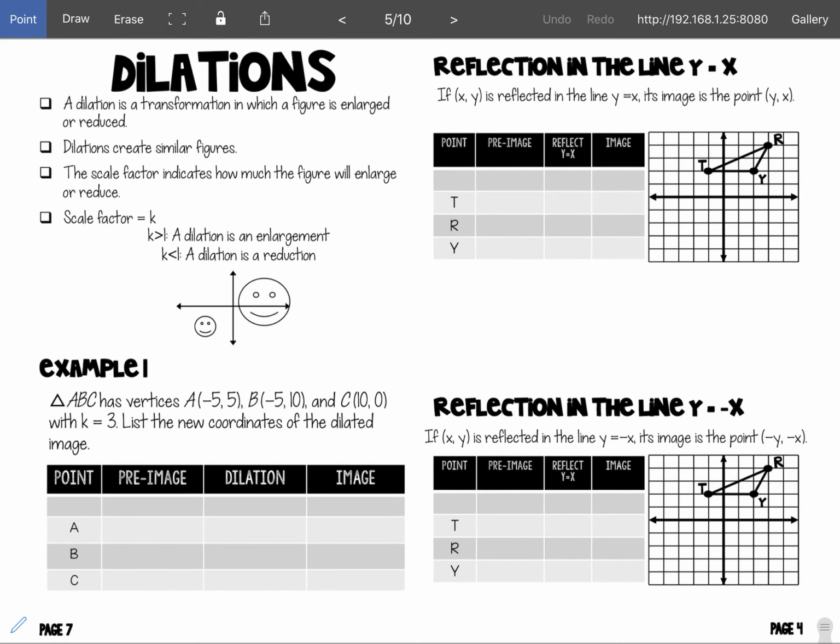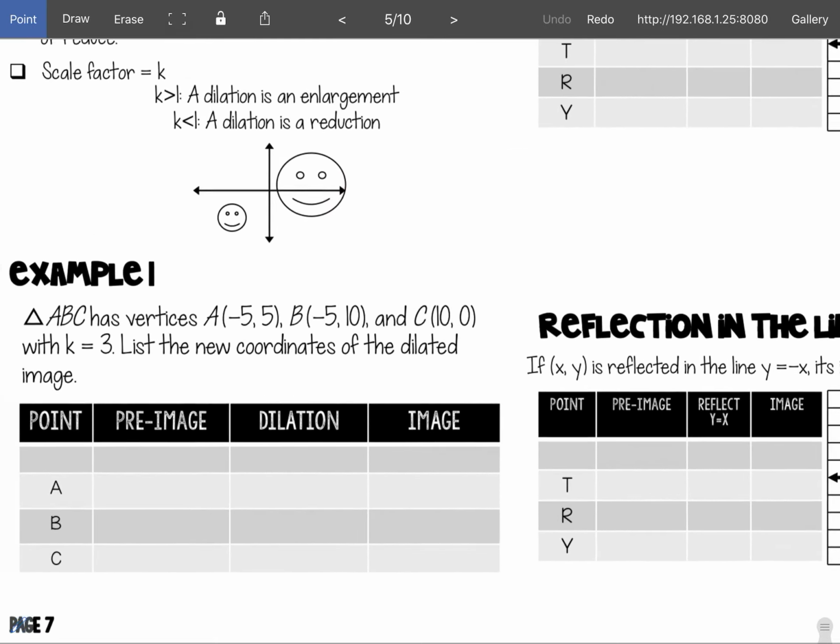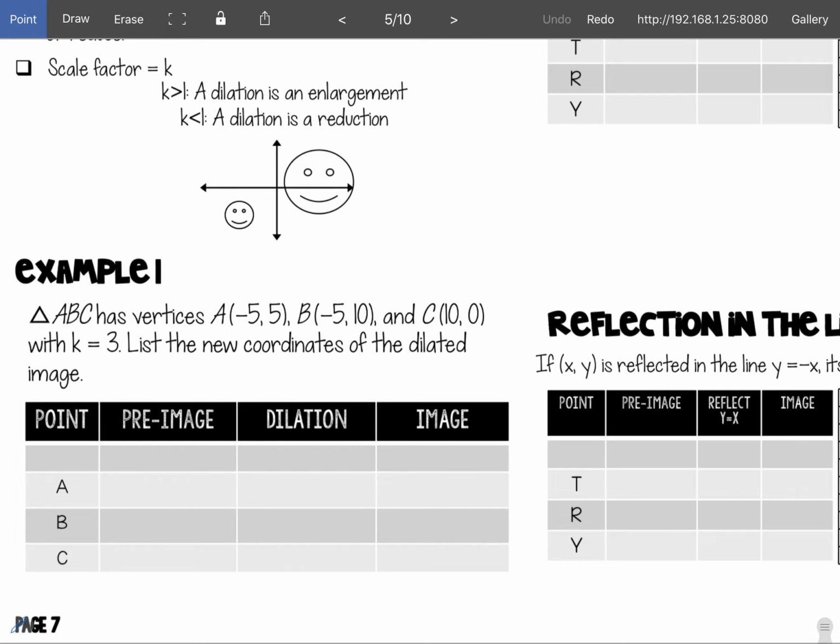So you get an image and a pre-image. So this would be your pre-image. And this could be your image. And again, all it does is it's just an enlargement or a reduction. So those are similar figures. They have the same shape. They're just different sizes. So when you look at example 1 here, the scale factor here is k equals 3.